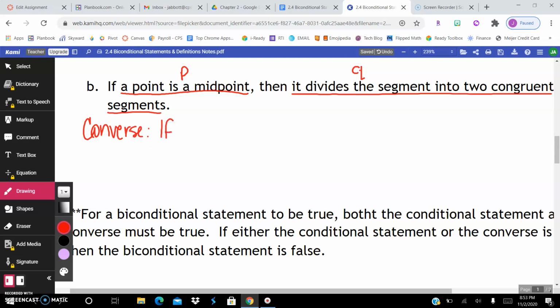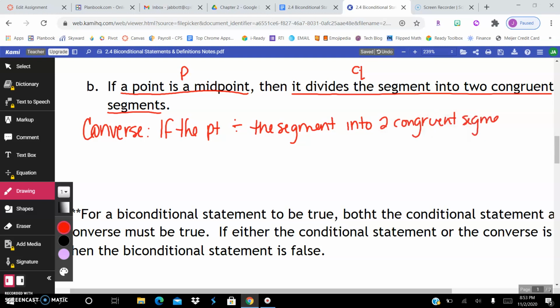If the point divides the segment into two congruent segments, then it is a midpoint.